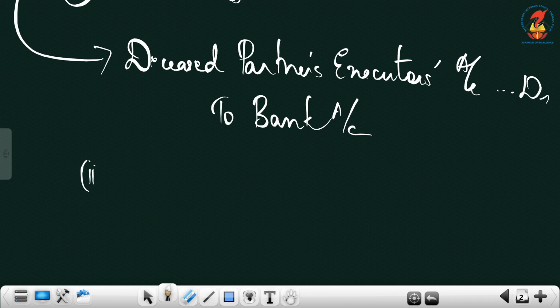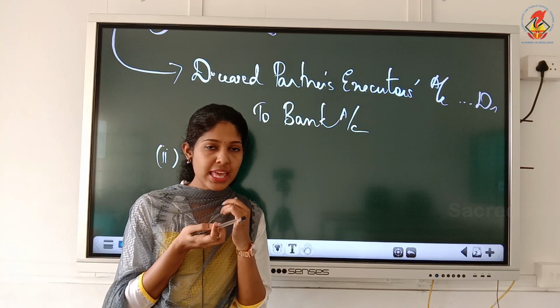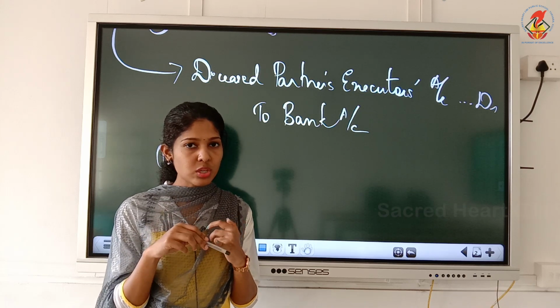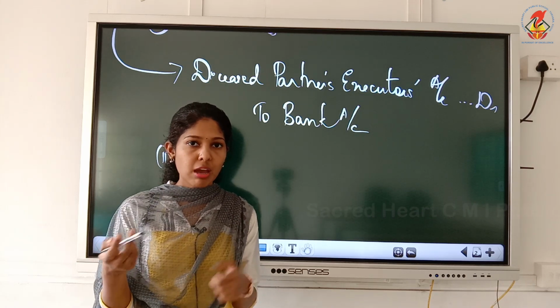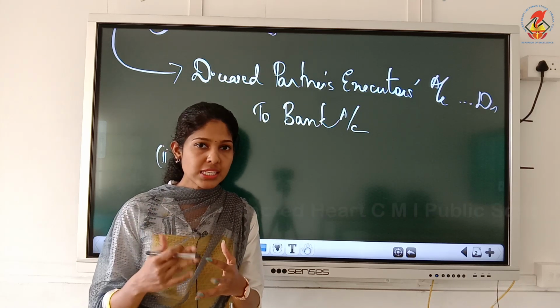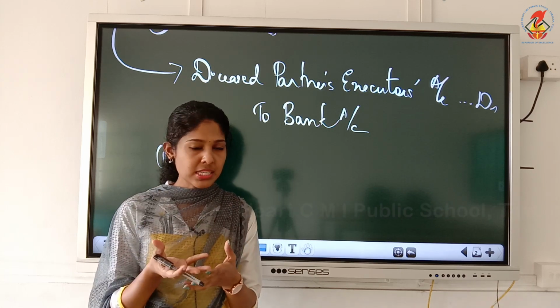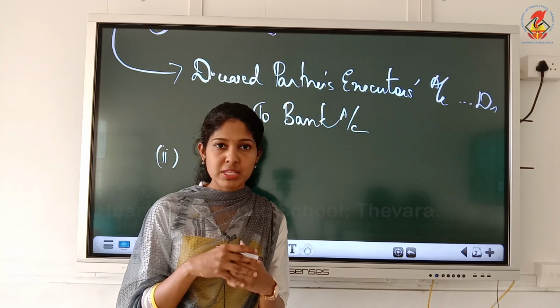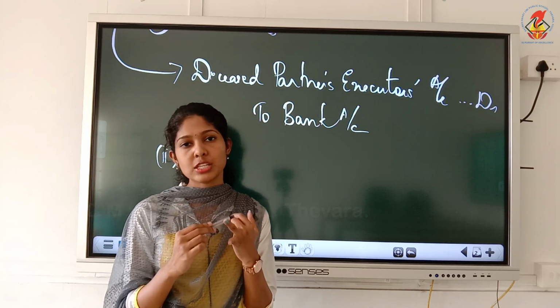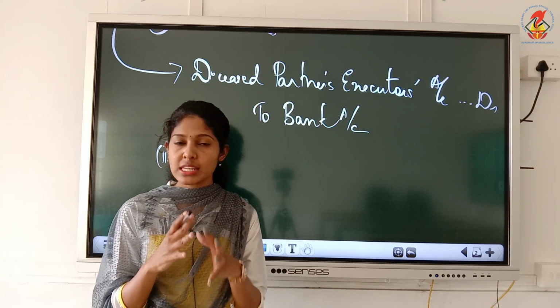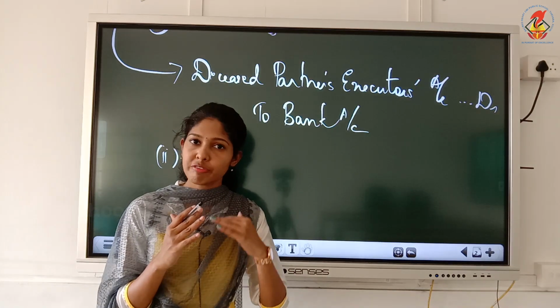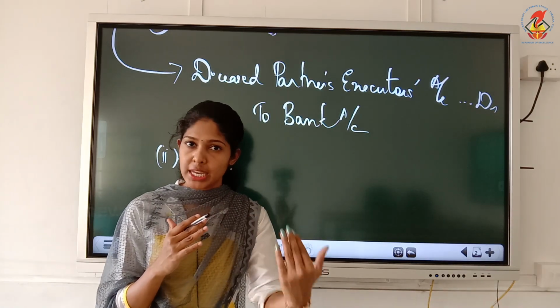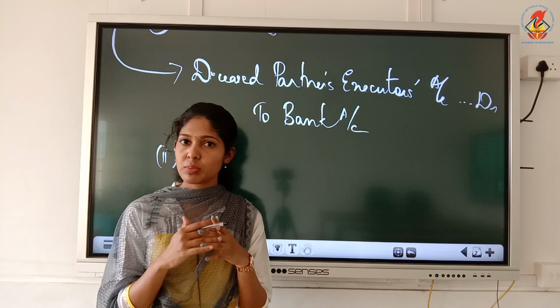Then, second case, when you pay in installments, there will be something else, that is interest also you will have to provide. But here, the deceased partner's representatives or executors have an option to choose between interest and share of profit. When you pay in installments, you know that the firm will have to pay them interest. In the chapter on retirement also we discussed the same.